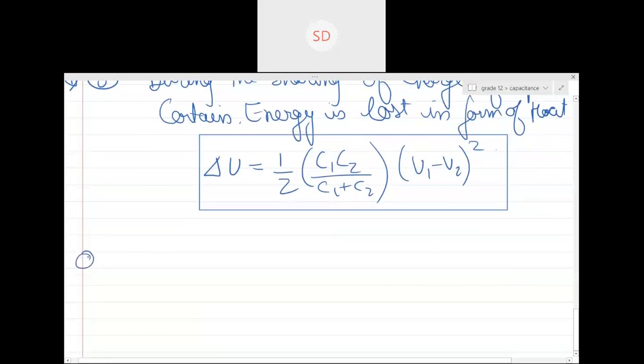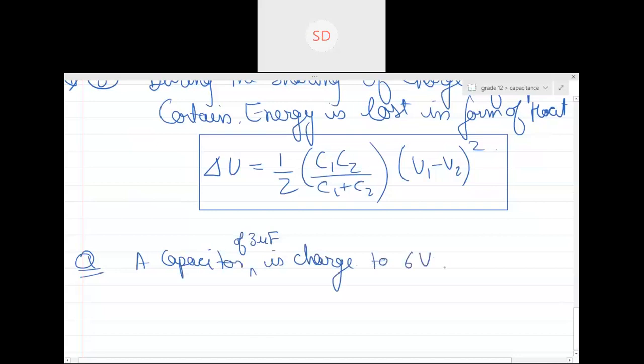So, question. A capacitor of 3 microfarad is charged to 6 volts, and then connected in series with an uncharged capacitor.